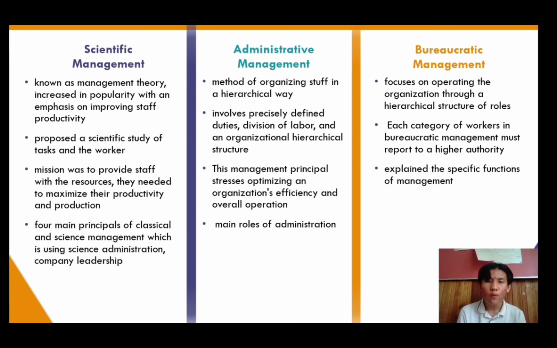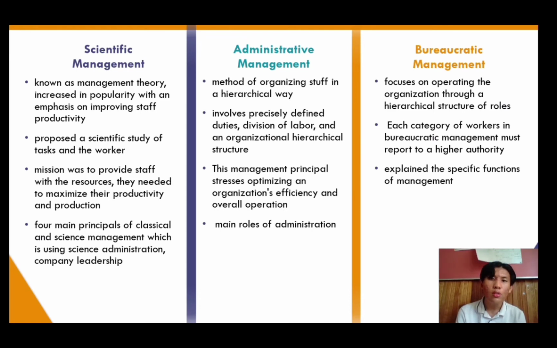The mission was to provide staff with the resources they needed to maximize their productivity and also the production. In scientific management, there are also four main principles of classical and scientific management, one of them is using science administration and also company leadership.